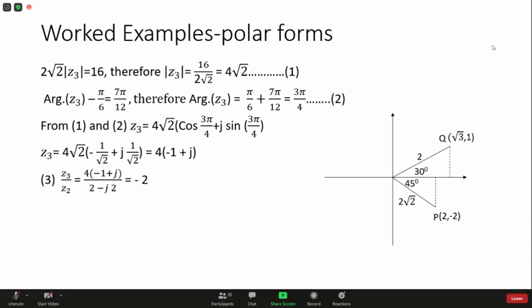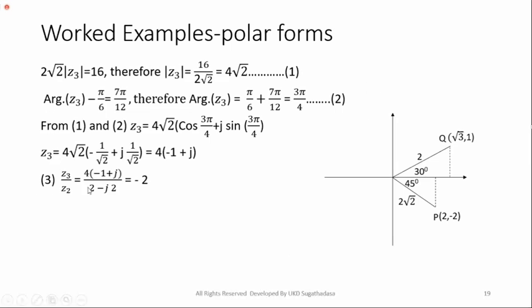That equals minus cos 45, that is minus 1 upon square root of 2. Sin 135 is plus sin 45, 1 upon square root of 2. Then if you multiply and simplify, you get 4 times minus 1 plus j.